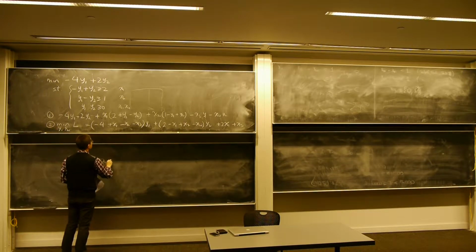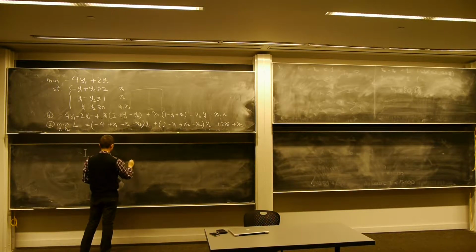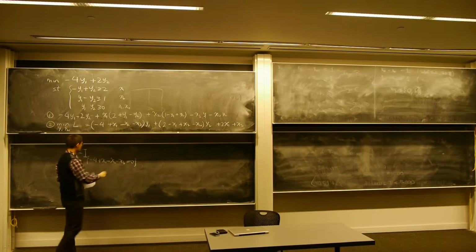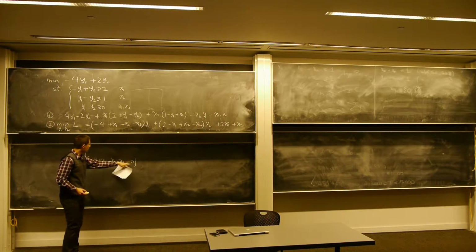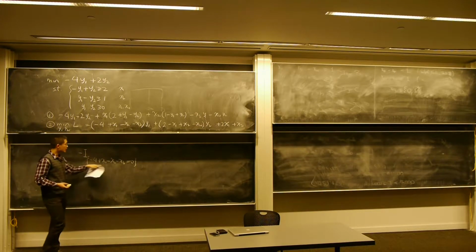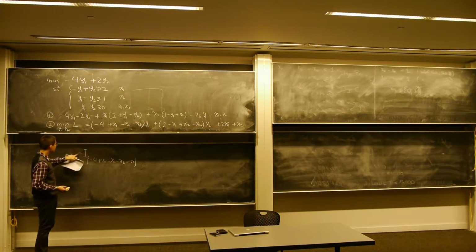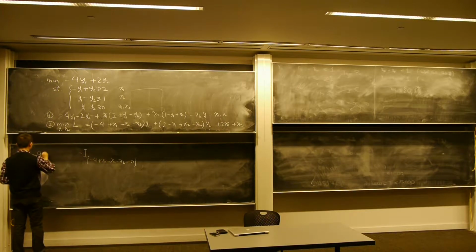Negative 4 plus x1 minus x2 minus x3 equals 0. So this indicator function indicates that if this constraint is satisfied, then we have 0. If it's not satisfied, we have negative infinity. Okay, so this is the dual problem.